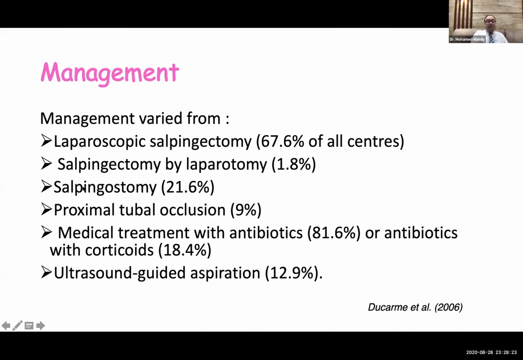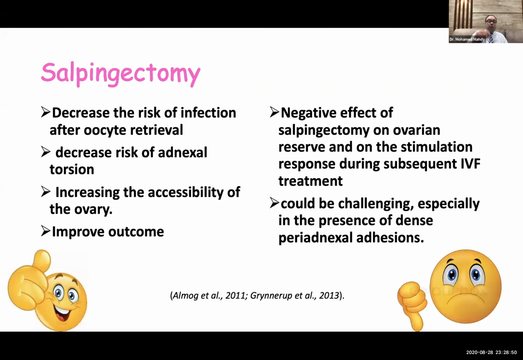Also about 20% do salpingostomy, only drainage of the hydrosalpinx. About 9% only do proximal tubal occlusion by laparoscopy. About 81% give antibiotics, about 18% give antibiotics with corticosteroids, and about 12% do ultrasound-guided aspiration. So we'll discuss each point.